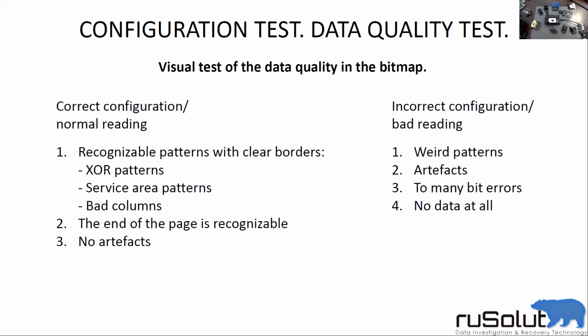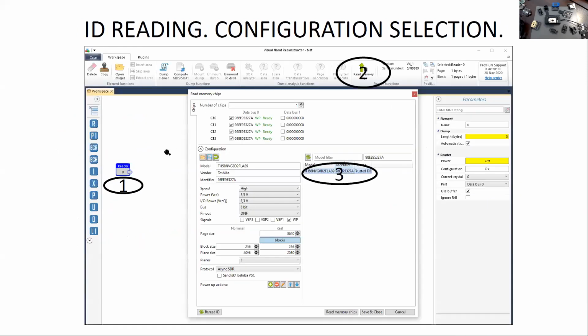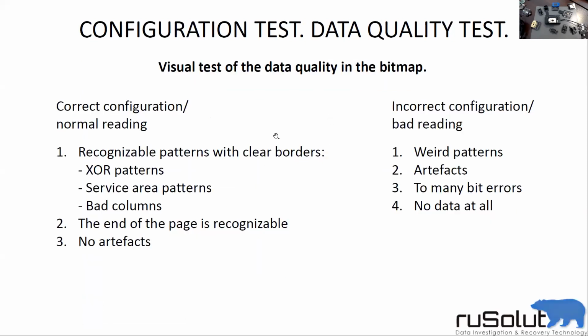I will show you later several examples how data may look like with the different situations. Now we'll just follow through the whole procedure, and then we will discuss each step in detail. So first we read ID, then we get configuration from database, then we do visual test.